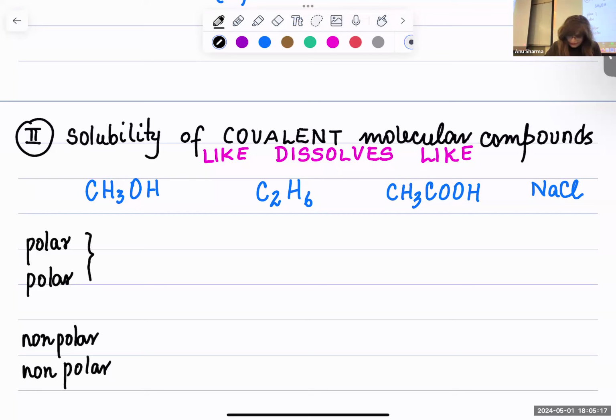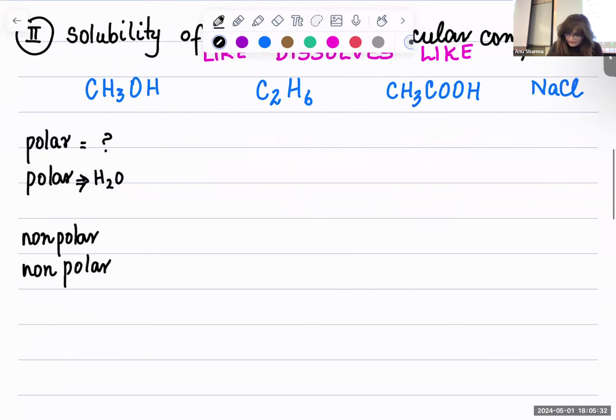So you have to identify whether the molecule is polar or not. Water is polar, so you will have to see if the other entities are polar or non-polar. The second thing is, oil is non-polar, so for the other entities you're going to see if they are non-polar or not.